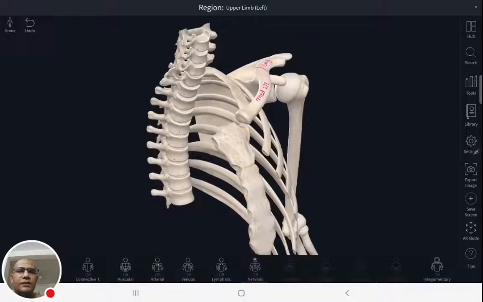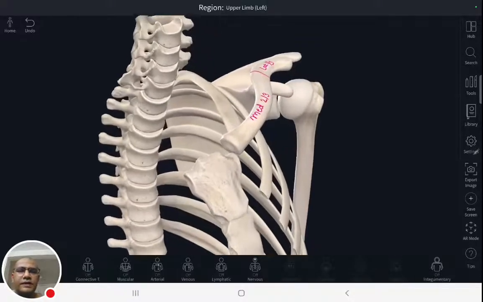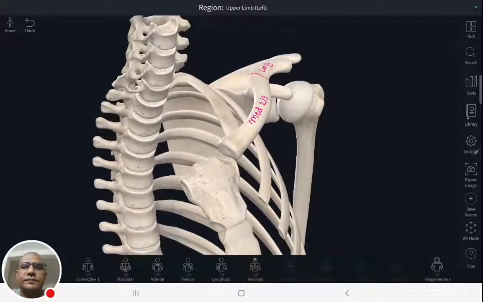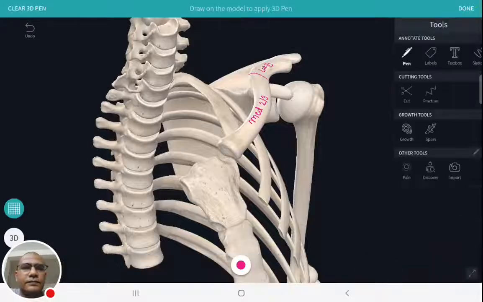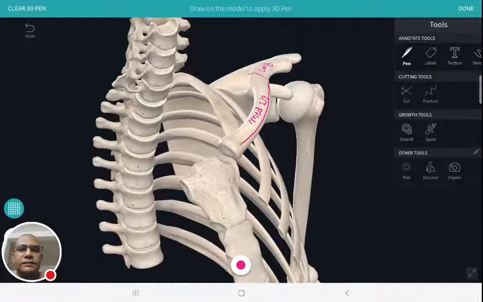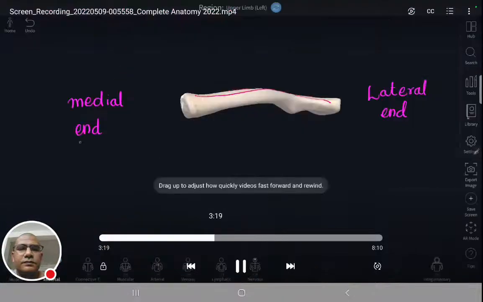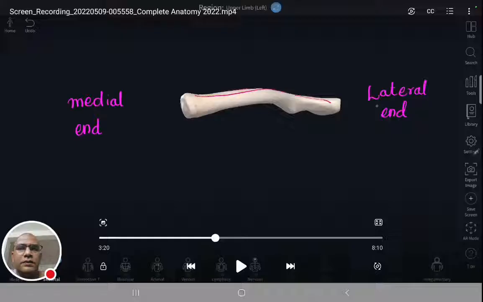Further, we will isolate this clavicle. We can see the two ends of the clavicle, medial end and lateral end.